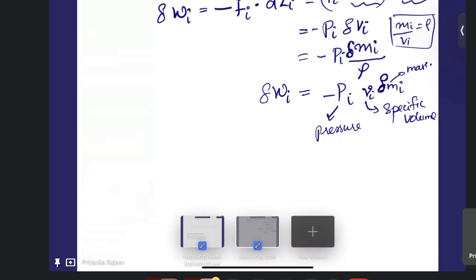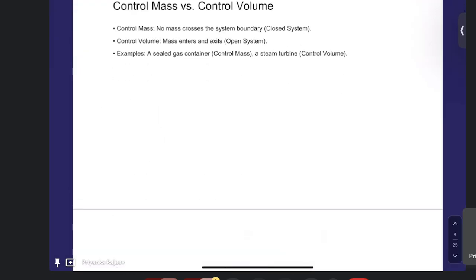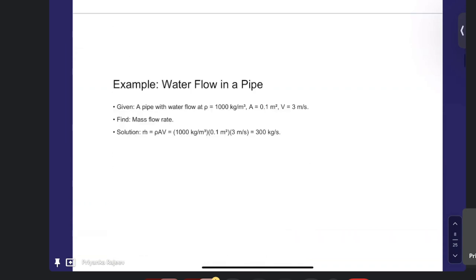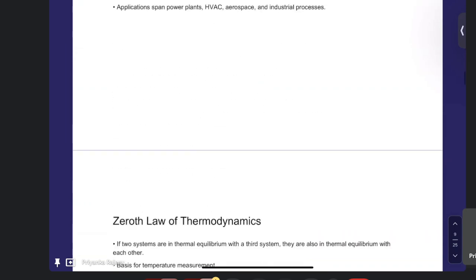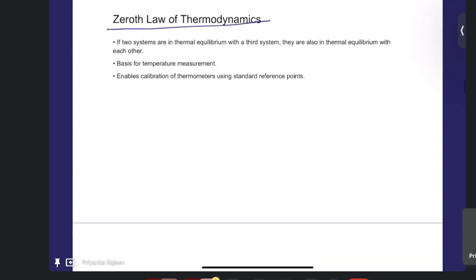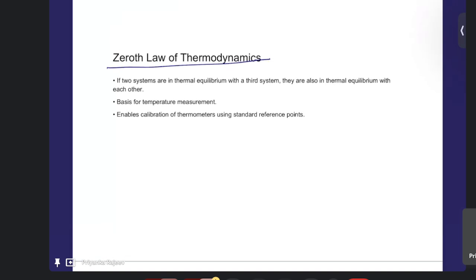So the next topic will be, okay, these things are discussed. Yeah, zeroth law of thermodynamics. The zeroth law of thermodynamics came long after the first, second, and third, and it was very fundamental in nature. That is why it has to be placed as the zeroth law of thermodynamics.